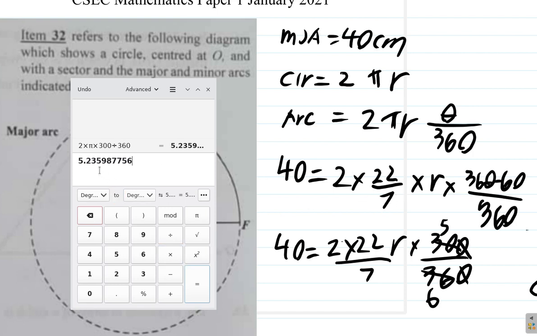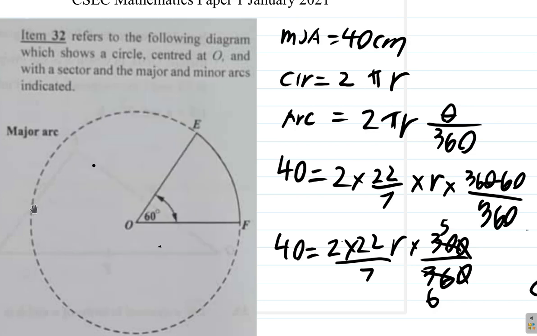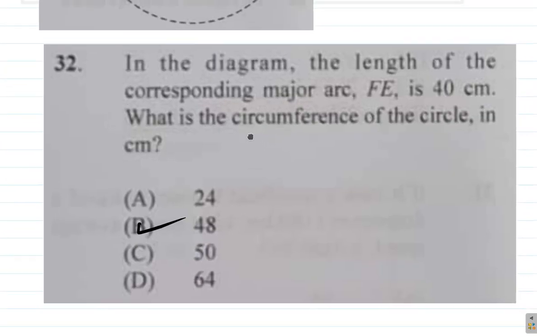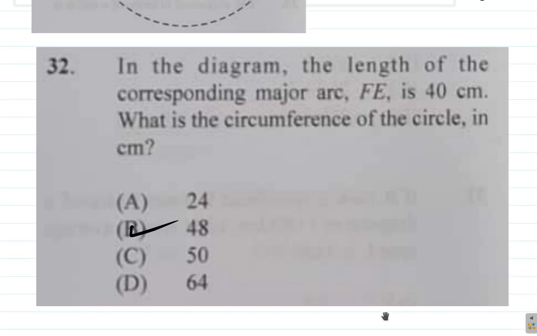If you divide 40 by that, you get 7.6 something. That would be the radius. Now, circumference is 2 times pi times this equals, and you get 47.9999 something. So, just about 48. So, 48 would really and truly be our answer here.